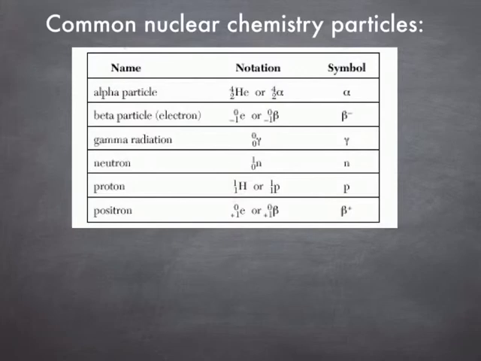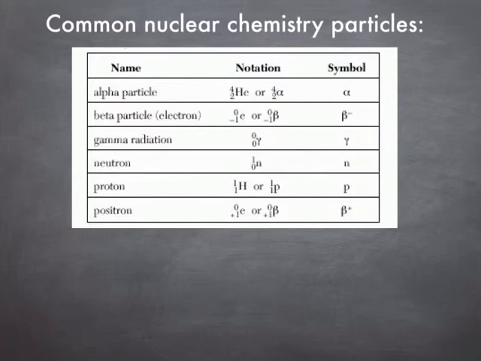Notice there are no charges really associated with these. Now a positron. Now what the heck is a positron? A positron is kind of the opposite of an electron in the sense that it has no mass, but it has a +1 charge. Slightly different part. It's a new particle.